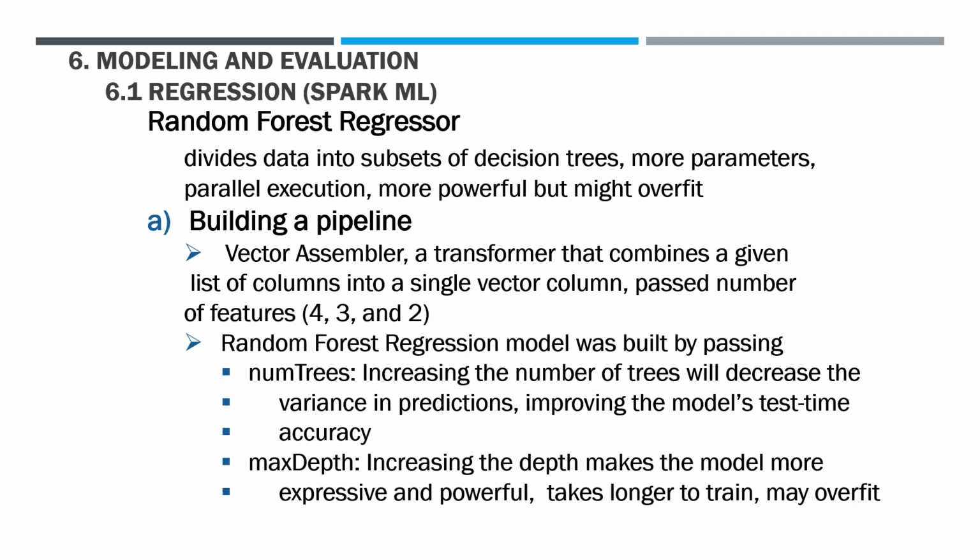Increasing the number of trees will decrease the variance in predictions, and that improves the model's performance and its test time accuracy. The second parameter that it is passed is maximum depth. Increasing the depth makes the model more expressive and more powerful. It takes longer to train, and because it becomes a lot more powerful, it might overfit as well. There's a chance of that happening.